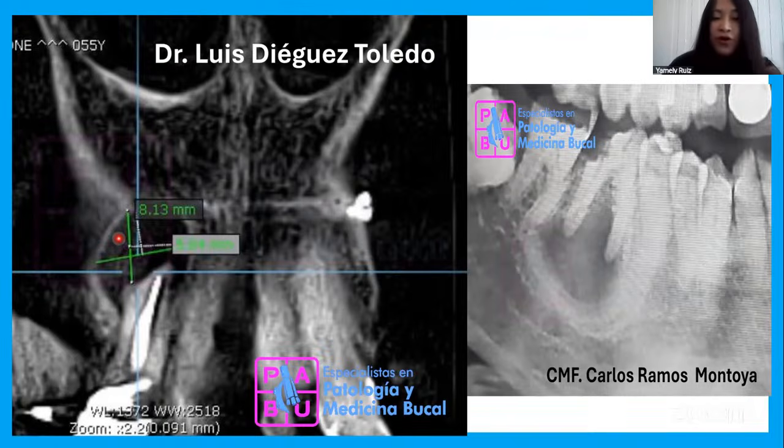No, that is false. The size of the lesion doesn't tell us if the lesion is a periapical cyst or periapical granuloma. In our practice, we can observe that sometimes periapical granulomas can have a very big size, more than 2 centimeters. So the size doesn't give us this information.